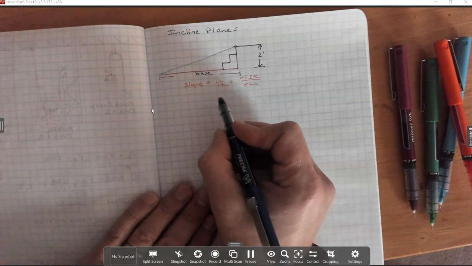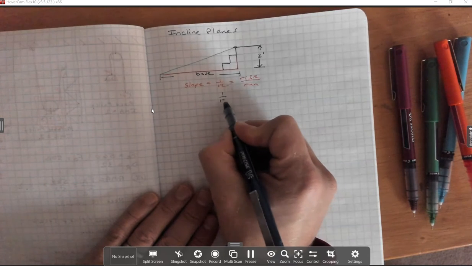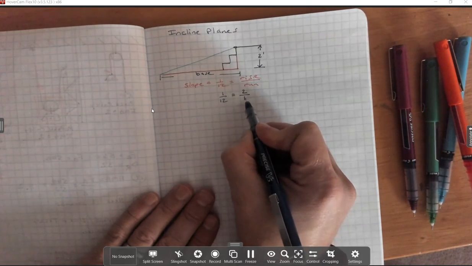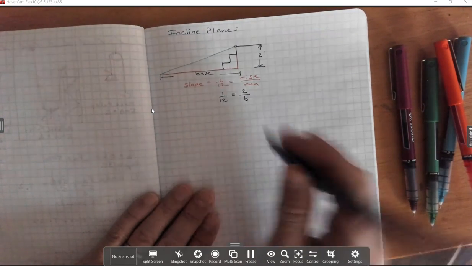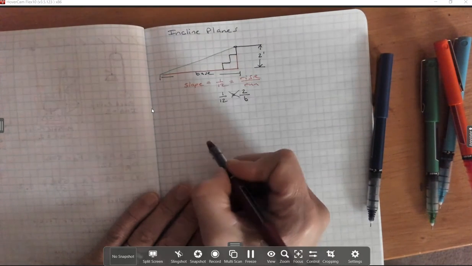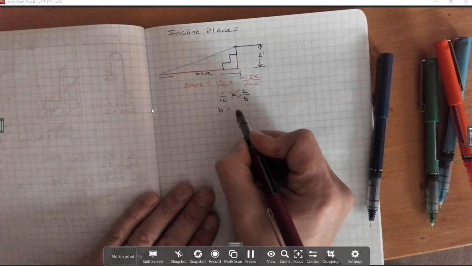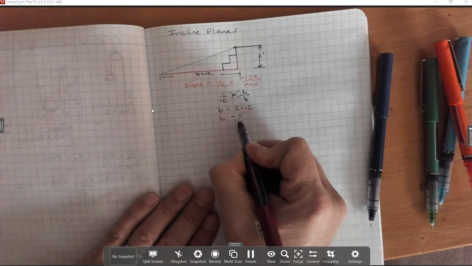Okay, and so our slope of 1/12 has to be equal to our height over, I'm going to use B for base. And if we solve this, this is really just a proportion. We've got equal fractions, so we can say the diagonal products are equal. 1 times B is B, has to be equal to 2 times 12, so that's 24.